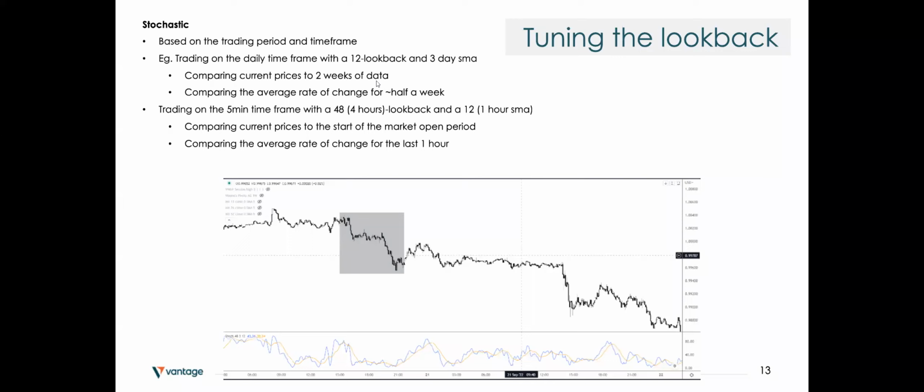So if someone wants to trade roughly once every month on a daily time frame, he might change it to 20, since there are roughly 20 to 22 trading days in a month. And if he's only going to trade once a month, you can change this to 22.